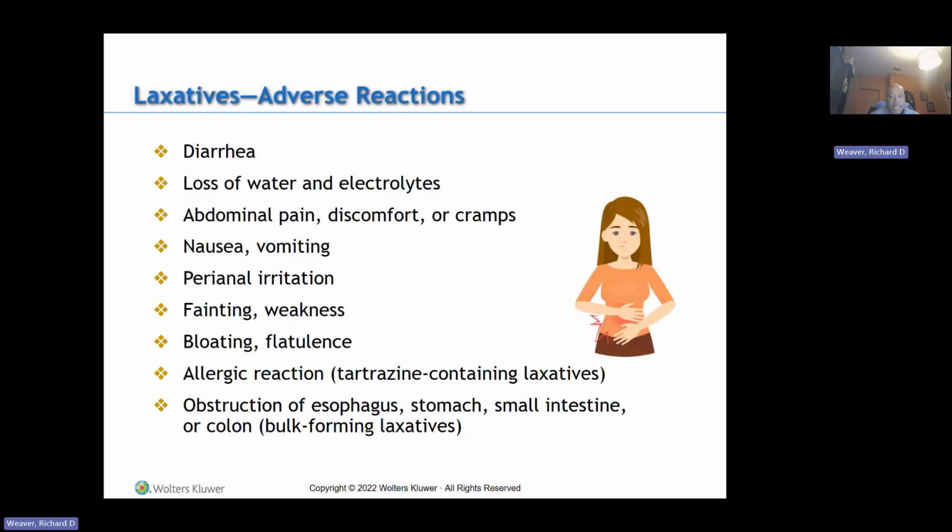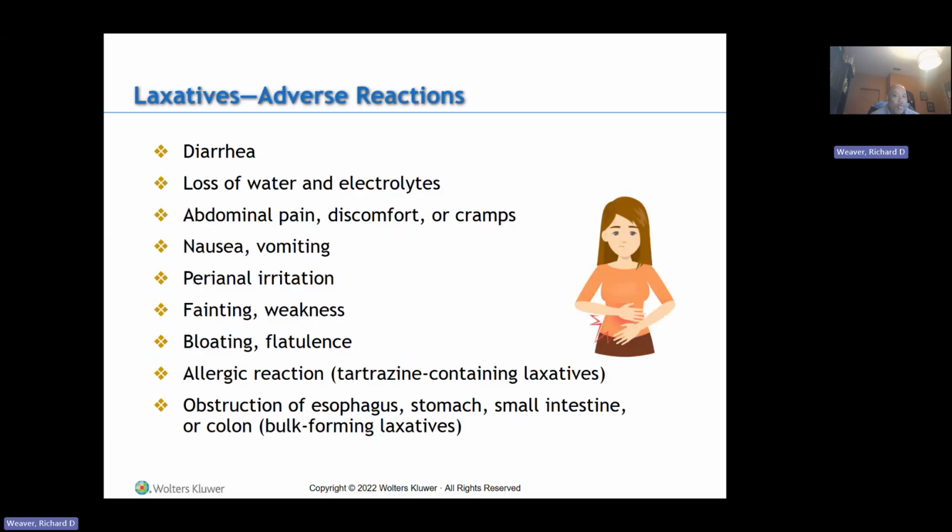Now, some of these products do contain tartrazine, which is a yellow food dye, which may cause an allergic reaction in these patients, especially if you have bronchial asthma. And when you have an allergic reaction, and possibly bronchial asthma, it can cause your airway to close off even more.